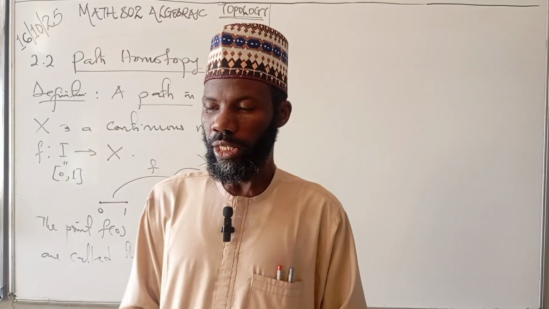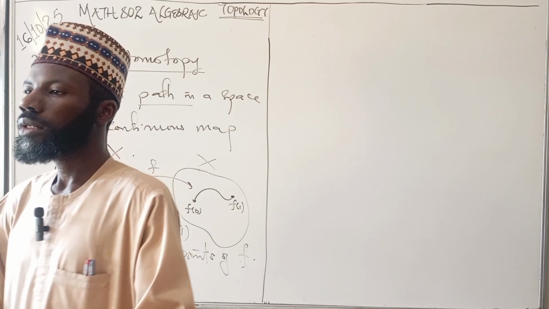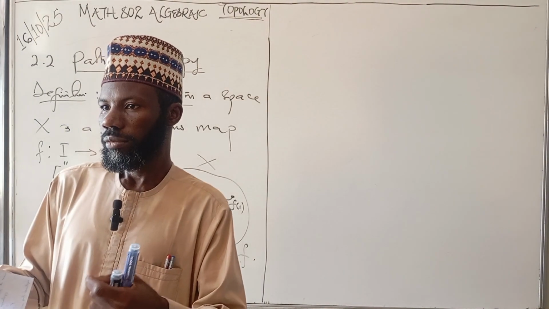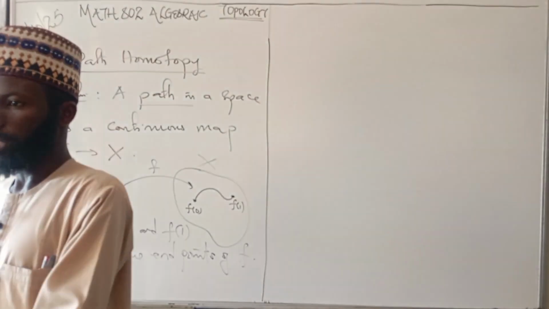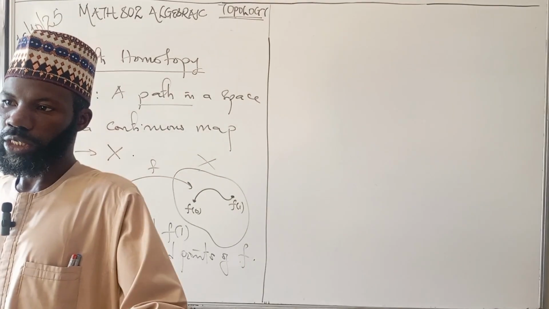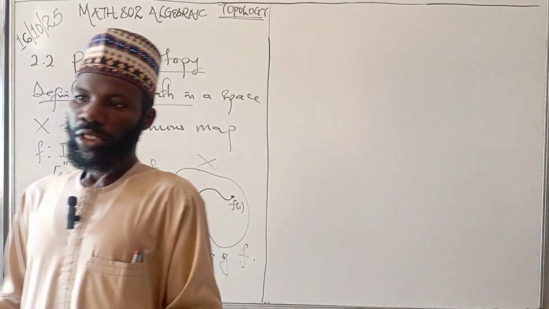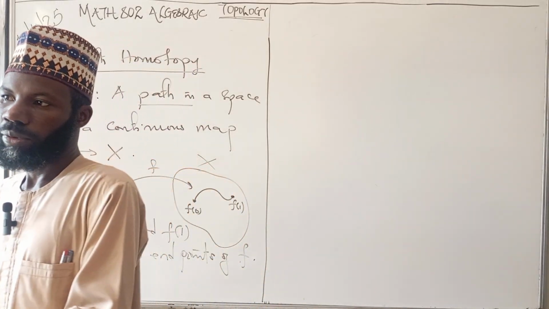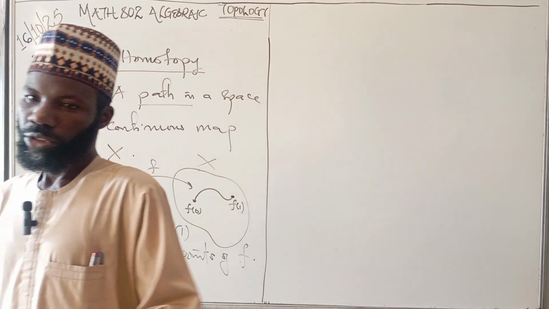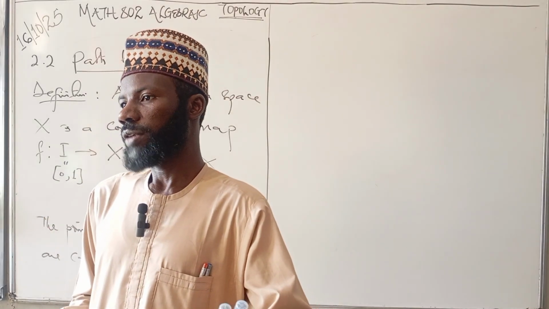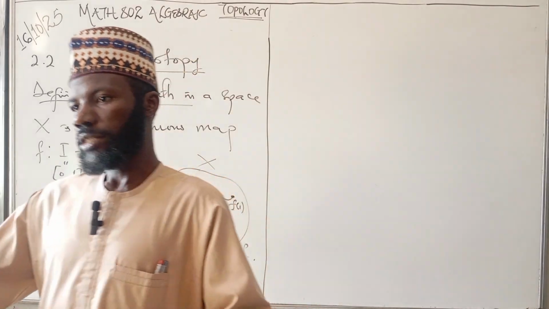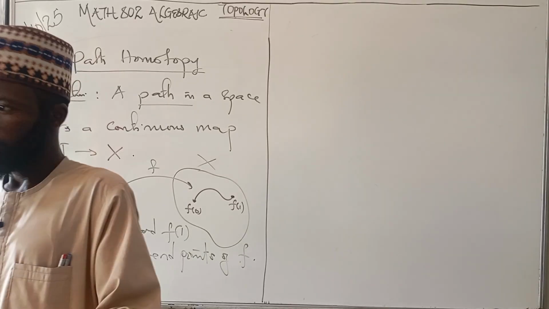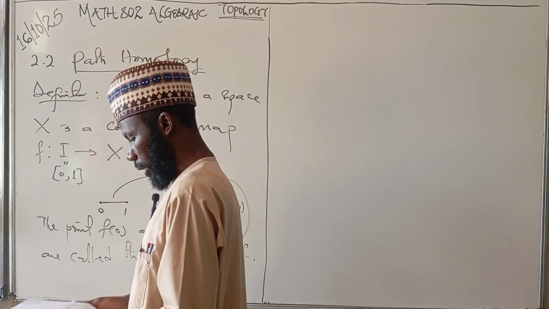So what we did yesterday was to look at two functions, continuous maps, from a topological space to another topological space, and then we say F and G are homotopic if there is a continuous family of continuous mappings, so that the first member of the family is F and the last member is G, and this family is indexed by t coming from the interval 0, 1.